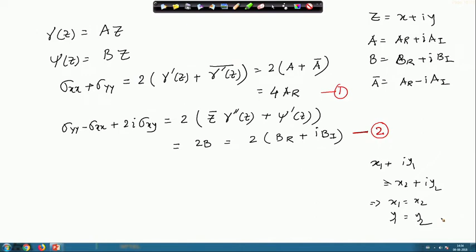So, in equation 2, if we compare the real parts, on the left hand side this is the real part and the corresponding real part is this, and this is the imaginary part and the corresponding imaginary part is this.